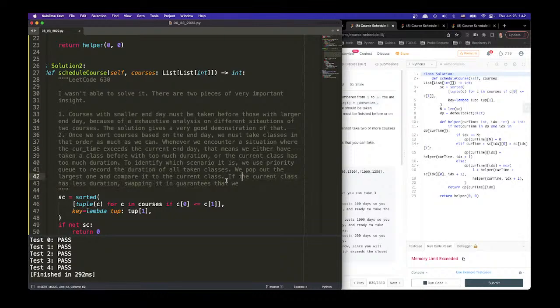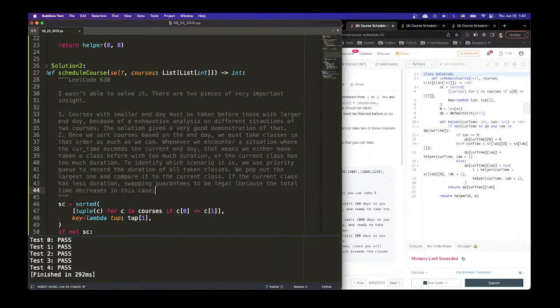Swapping guarantees to be legal because the total time actually decreases in this case.